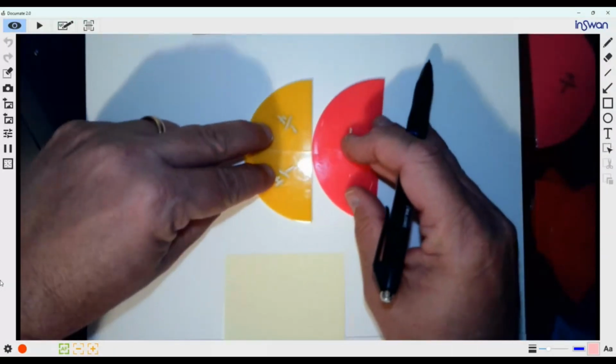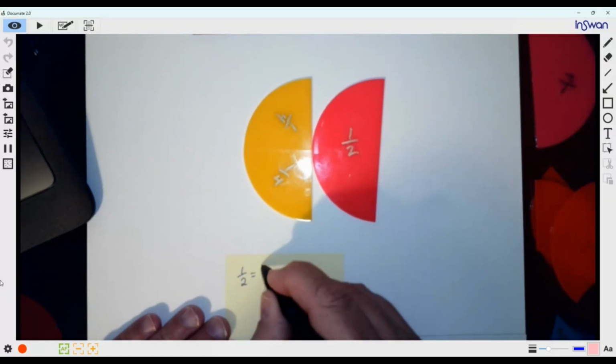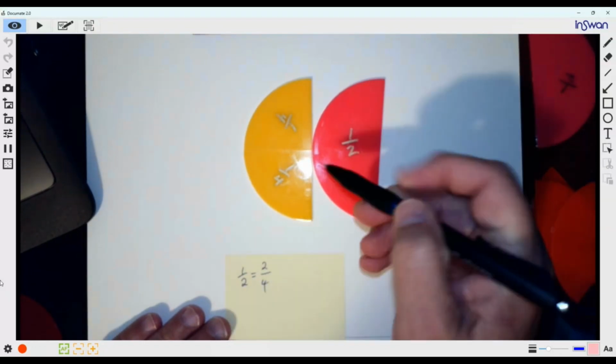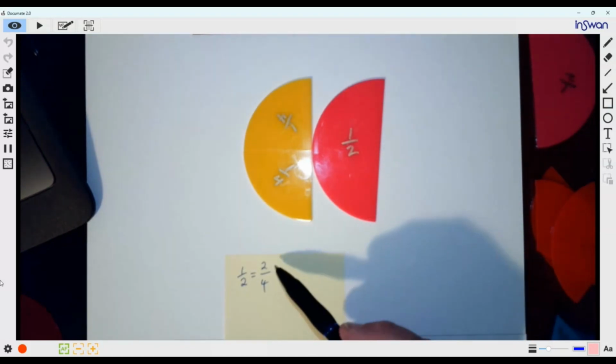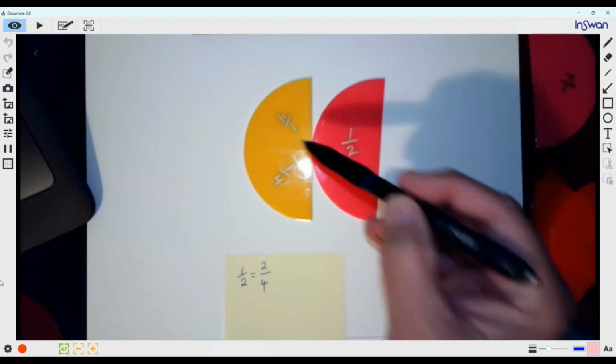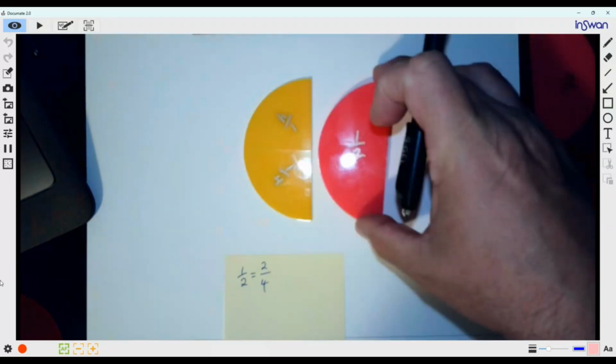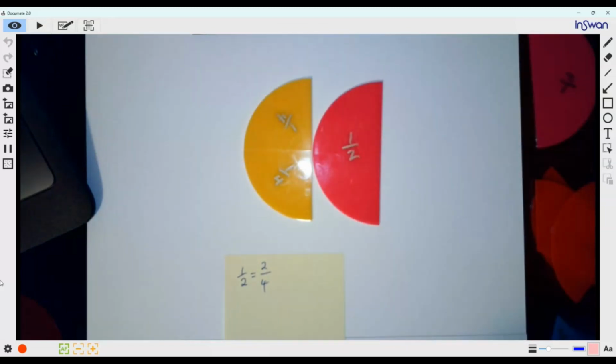Well, that means that 1/2 is exactly the same as 2/4. We can write 1/2 equals 2/4 because they're both the same amount of the whole circle.